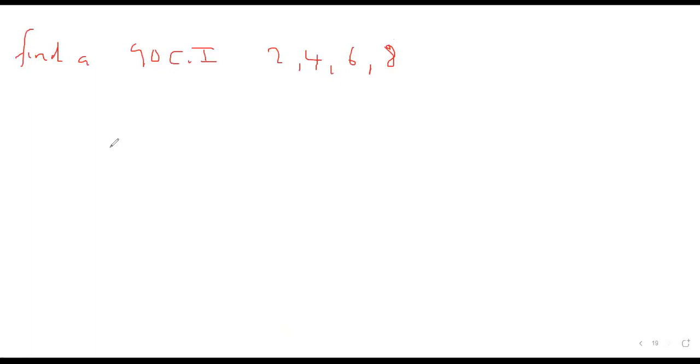So what's the formula for confidence interval? It is the mean plus or minus Z standard deviation over square root of n.